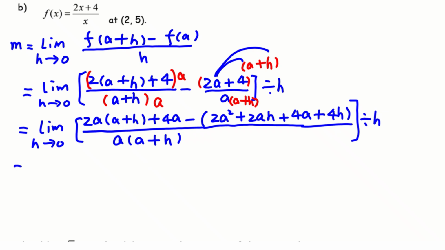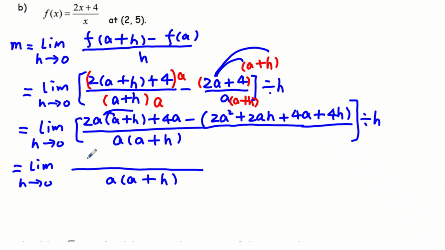Then equals the limiting value when h approaches 0. So we have a bracket a plus h, and this is times 2a squared plus 2ah plus 4a.